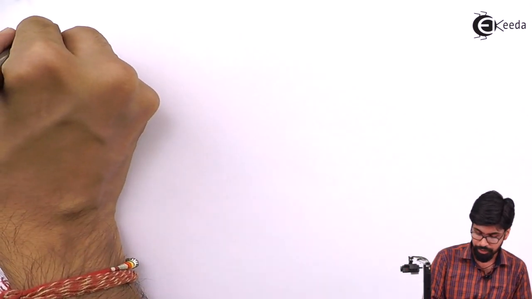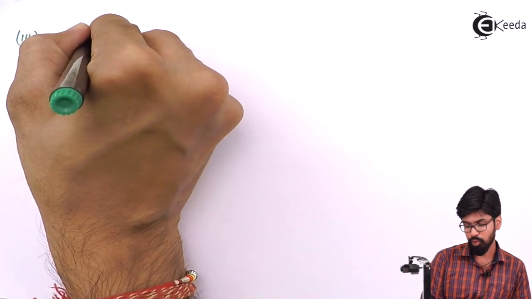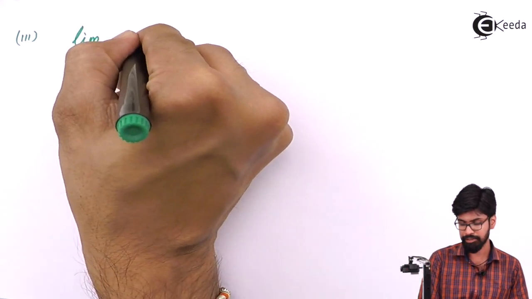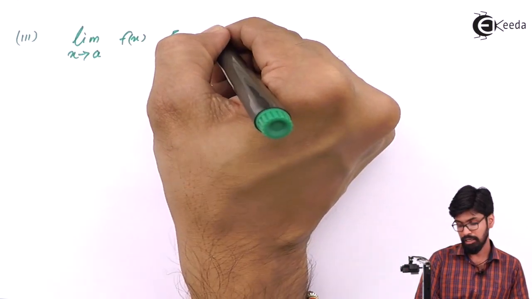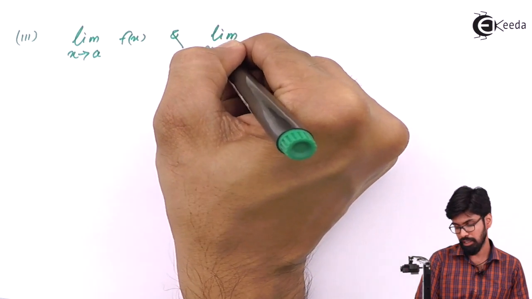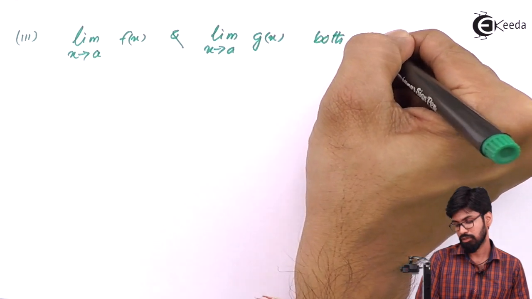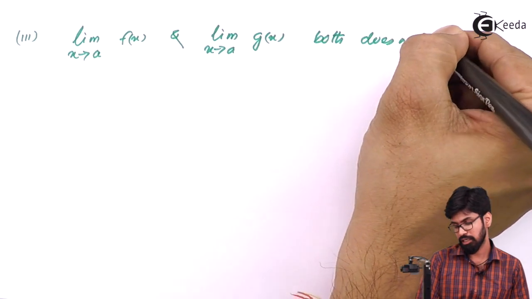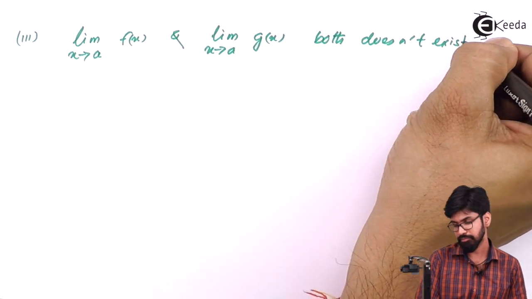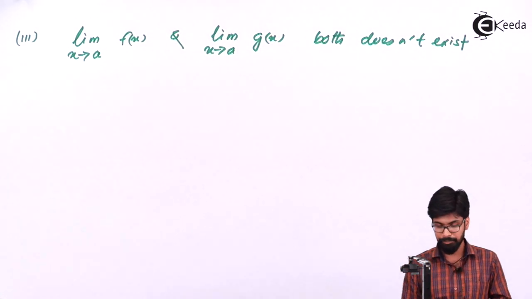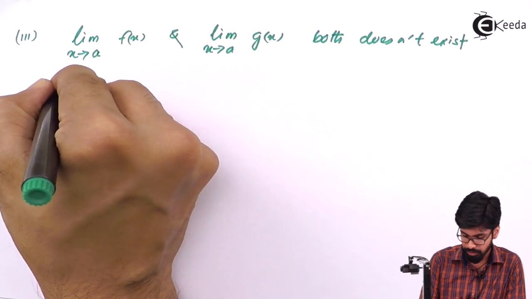इन द थर्ड पॉइंट ऐसा लेते हैं कि बोथ द लिमिट डज नॉट एग्जिस्ट. Limit x approaching a f of x and limit x approaching a g of x both does not exist. चलो एक एग्जांपल लेते हैं. We will understand in a better way by taking an example.